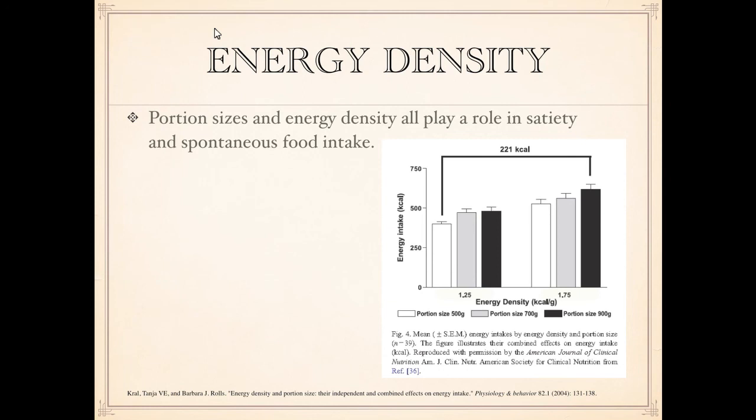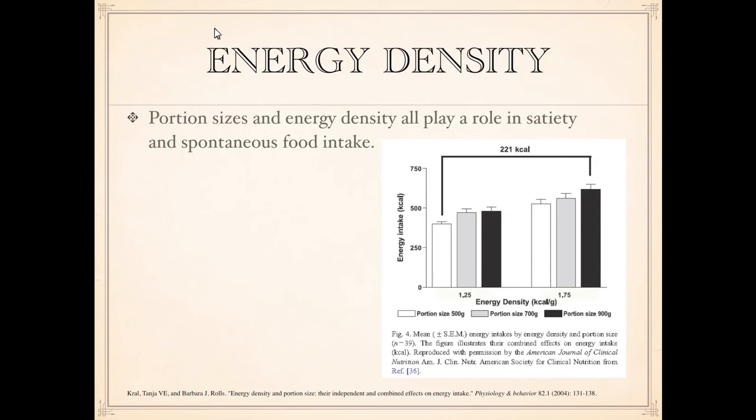So again, what you're seeing here is that energy intake and portion sizes have an impact, essentially. If you look over to the left of this graph, we have a 500 gram, 700 gram, and 900 gram portion size.